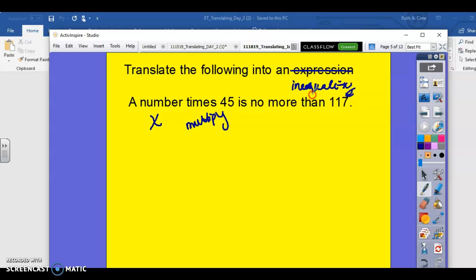So a number times 45, we have 45 times x. And we want this to be no more than. So that means this value right here is going to be less than or equal to 117. Because it can be 117, it just says no more than. So this is how that would be portrayed as a math problem.